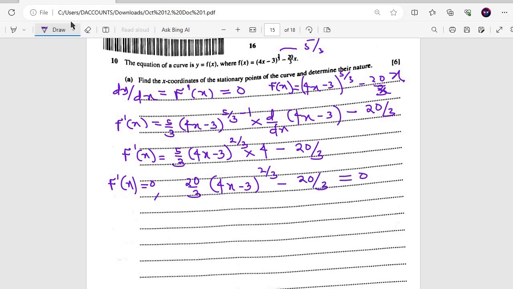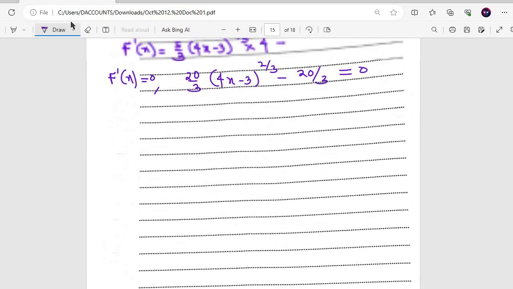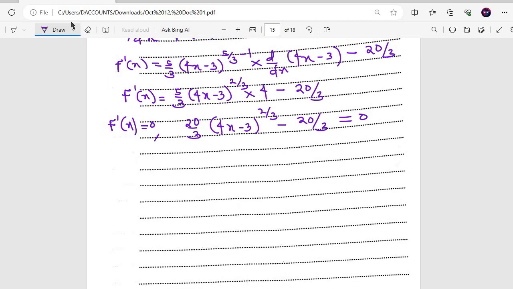At the end of the day, I have 20 over 3 (4x - 3) raised to the power 2 over 3 equal to 20 over 3. This cancels this. So I have (4x - 3) raised to the power 2 over 3 equal to 1.